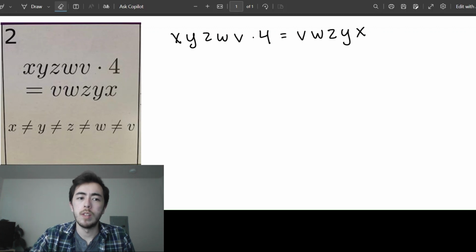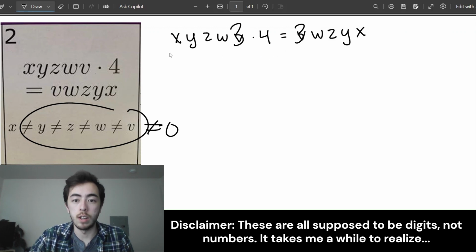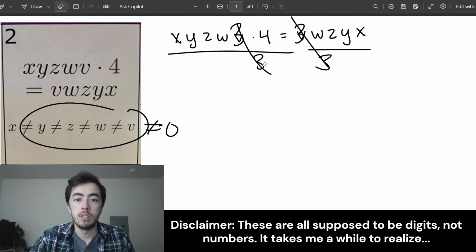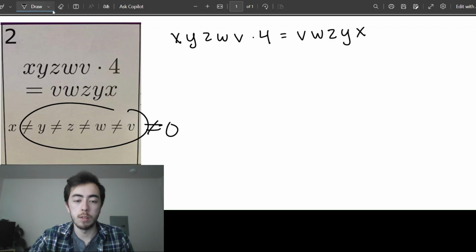Let's assume for a second that none of these are equal to 0. Then I could divide both sides by these variables. Like, say v was 3, I could divide both sides by 3 and cancel those out. Under the assumption that none of these variables are 0, I could cancel them all.